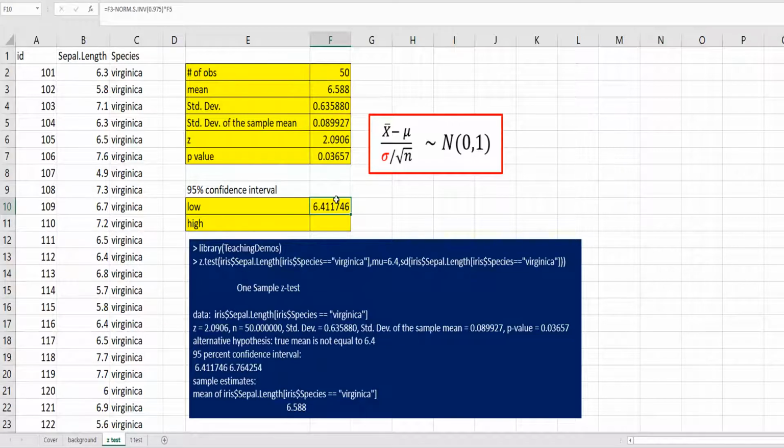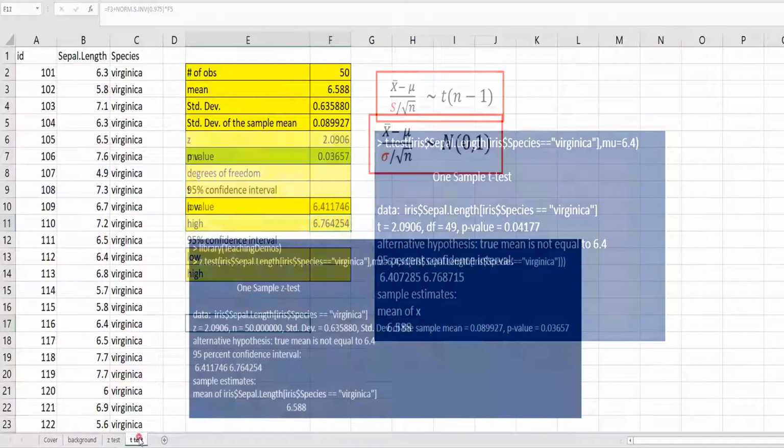Alright, this is the same as this one, so we can use this formula for the upper level. Right, this is the same as this one.